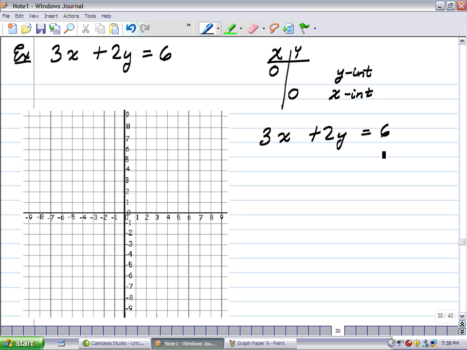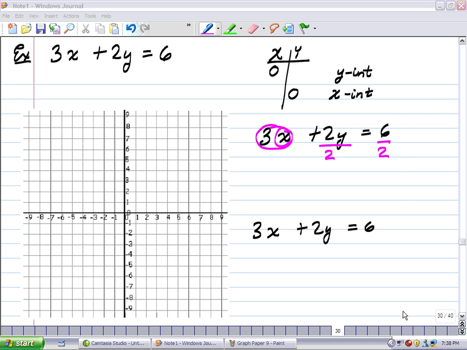So let's copy this down a couple times, one for each. So I'm going to make x 0, so that means 3 times 0 is 0, so this whole thing is 0, and all I'm left with is 2y equals 6. Again, I can probably do that in my head. If not, I can divide by the 2's and see that y is going to be 3.